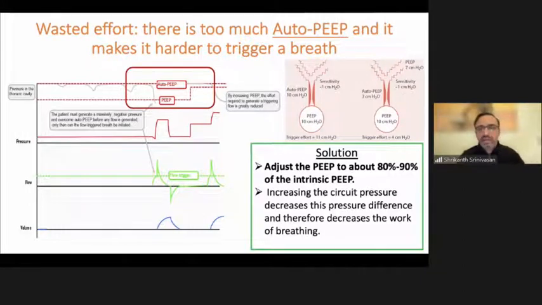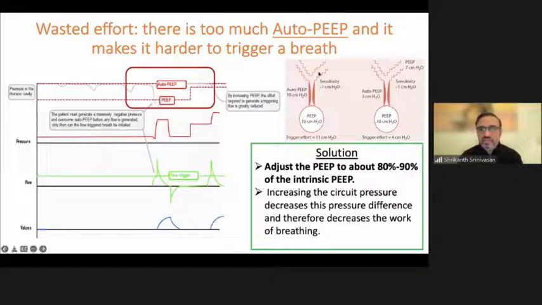It could be higher, it could be lower in certain ventilatory and respiratory units. It's totally possible. But given the average, we try to keep the set PEEP as around 80 to 90% of the auto PEEP. When we do that, we are actually reducing this amount of negative effort which the patient has to take before any kind of flow is generated.